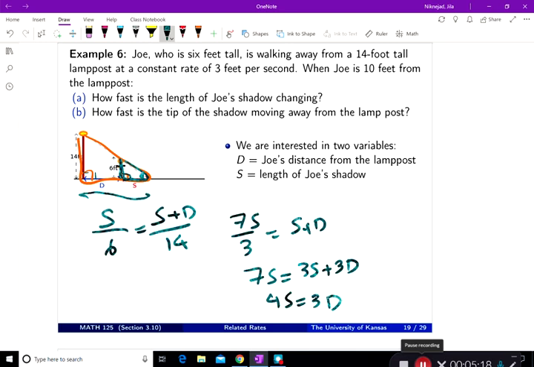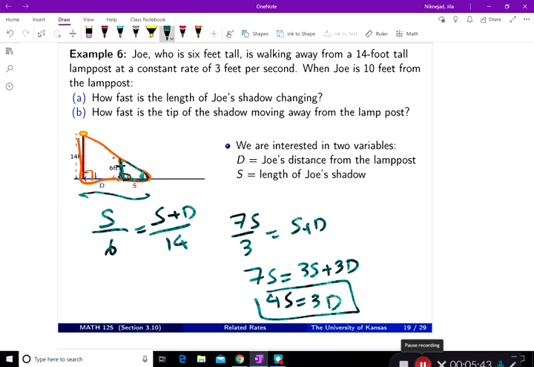Now I can use this equation that connects S and D, which we discussed are both changing. I connected the two quantities together. Let's see which one I know at the instant and which one I don't know at the instant.